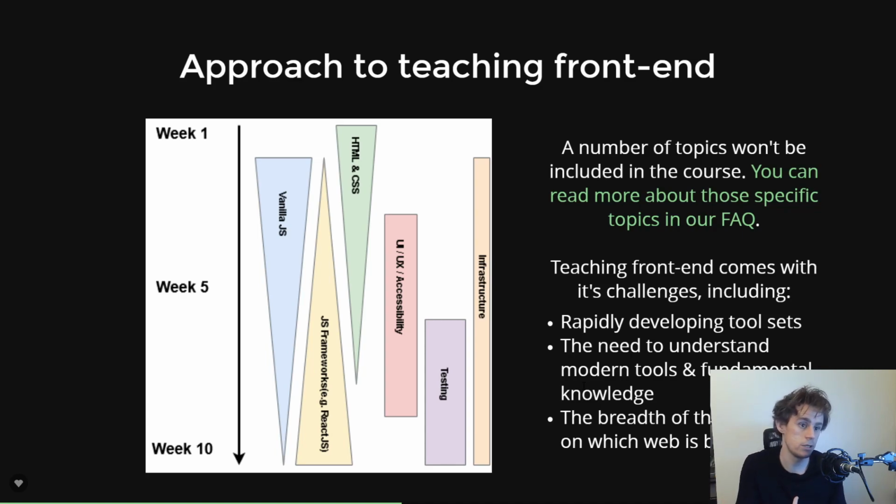So what we opted to do instead was that at the start of the course, we teach you a lot of vanilla JavaScript and just a little bit of modern JavaScript. Then as the course goes on, towards the end, we teach you less and less of the classic stuff and more and more of the new stuff. We teach those things a little bit in parallel so that you're exposed to it for a longer amount of time. Some of you will think there's a lot of context switching going on.